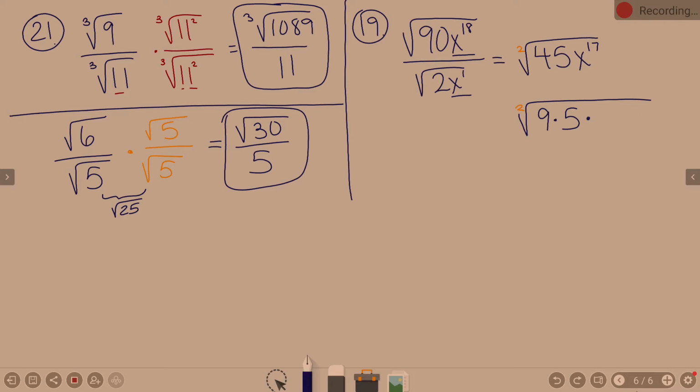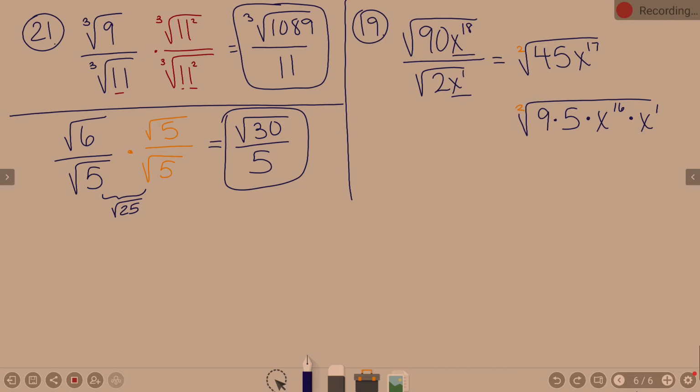Closest number below 17 that does divide by 2 is going to be 16. So basically, 17 doesn't divide by 2. I'm going to go for the even number below it, which is 16. So I'm going to make this 16 plus the leftover 1. And now we're actually going to take the square roots that we can take.